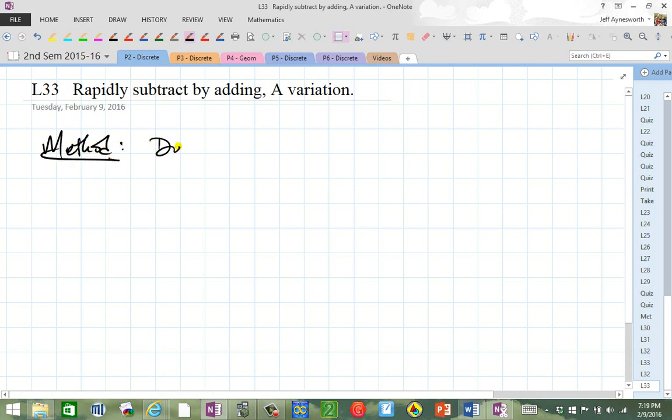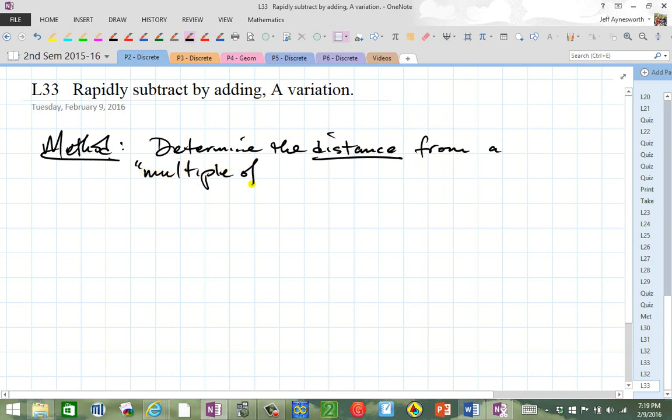What we're going to do is determine the distance from some reference point. So from a multiple of 100.